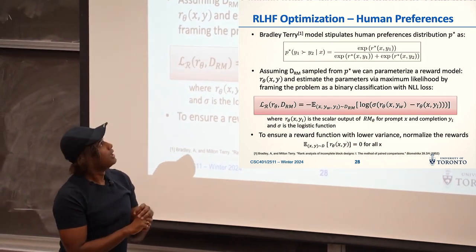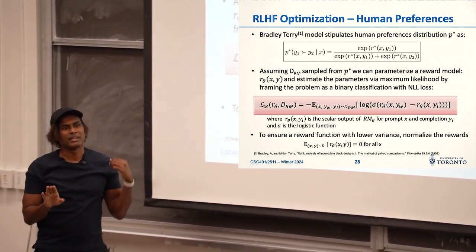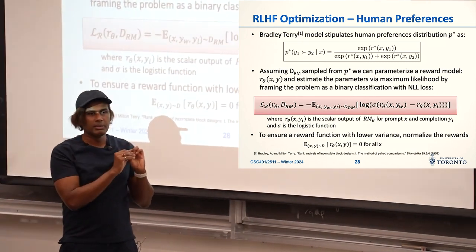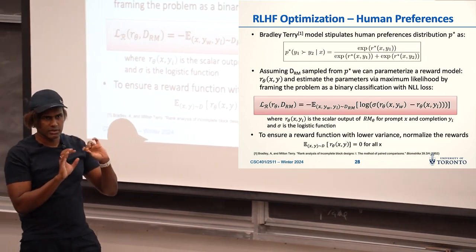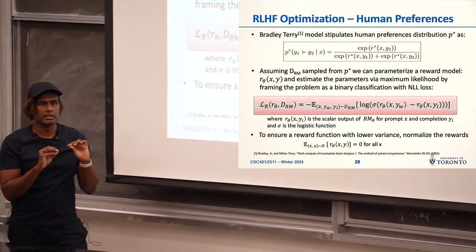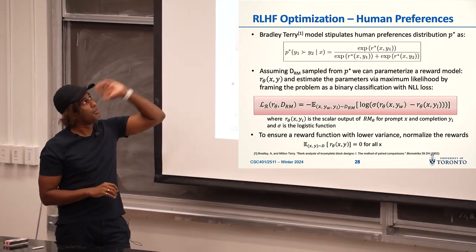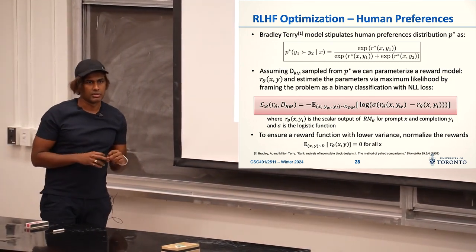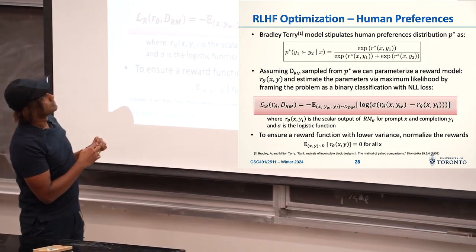The star is just showing that it's the oracle. It's the best possible reward, the closest reward model to human preference. And P star is the oracle probability distribution.